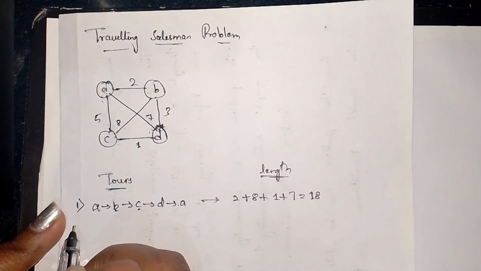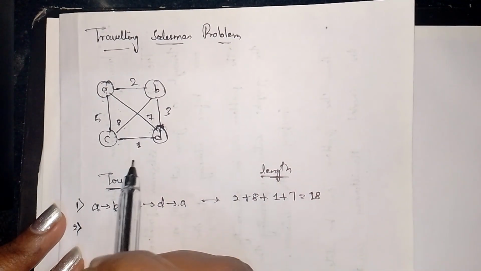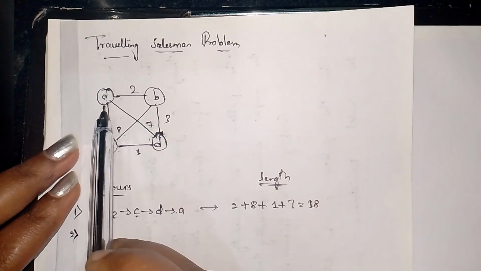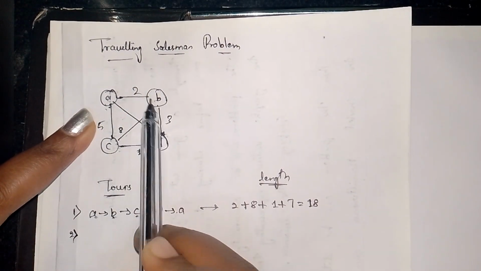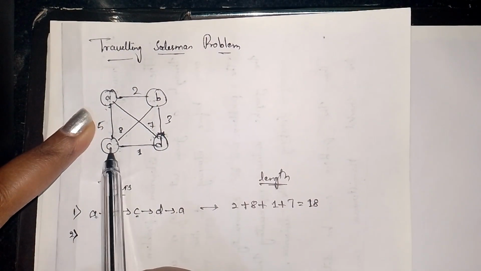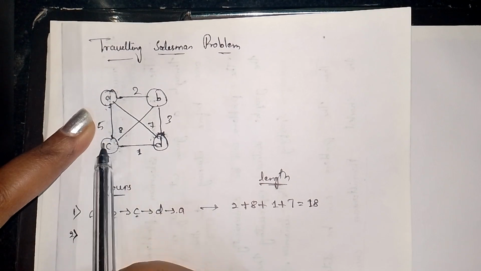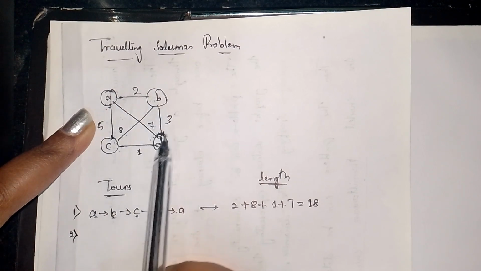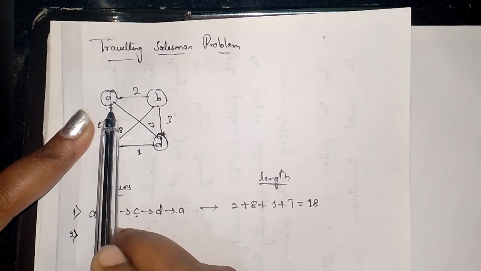Okay, let's now consider another path from the same city: from A to B, B to D, D to C, and C to A. He is returning to the city from where he started.